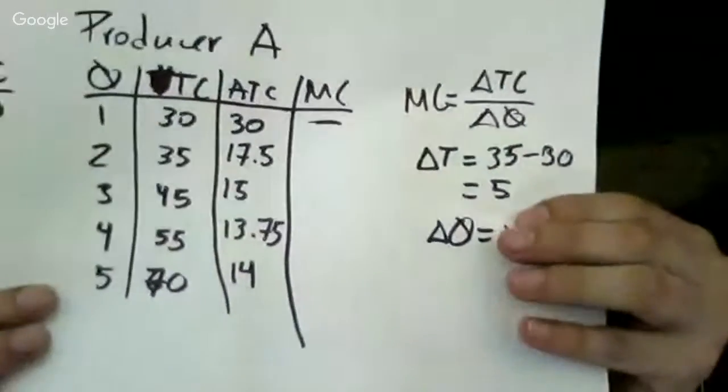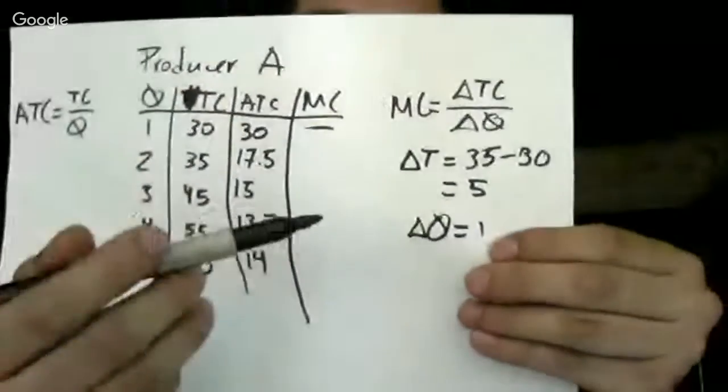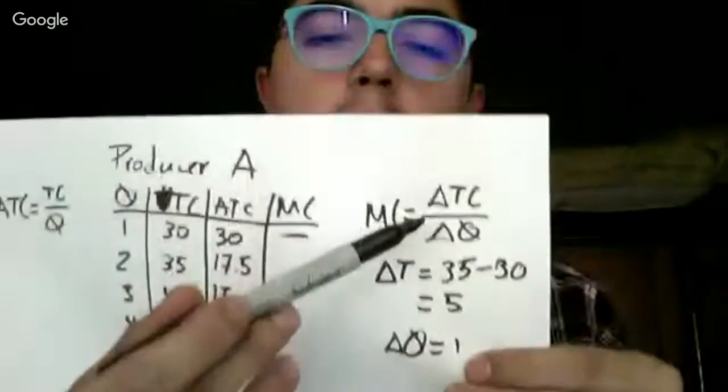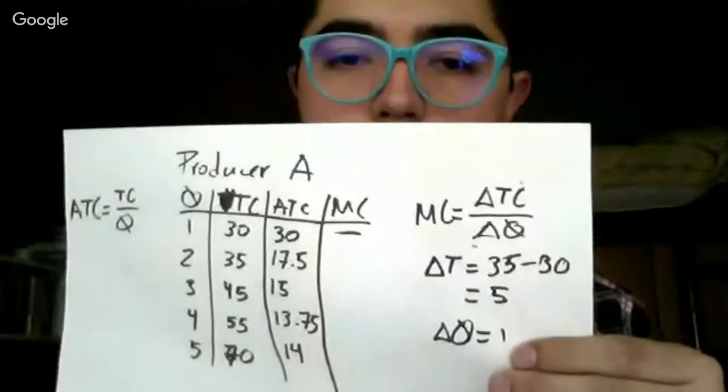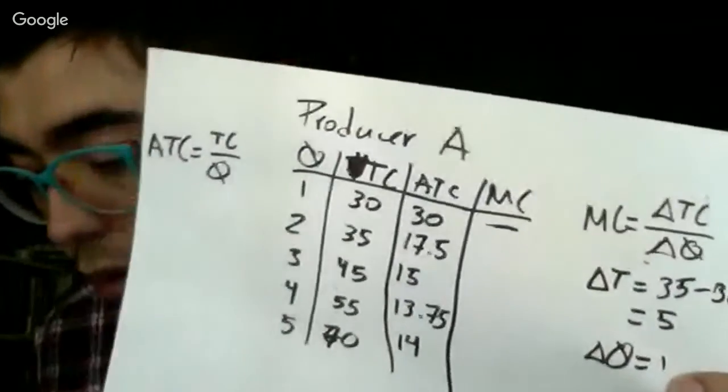And the change in Q is simply 1. And it's 1 for all of them, right? So this is going to be 1 all the time, so we can just calculate the delta TC, and that's going to give us our marginal cost.